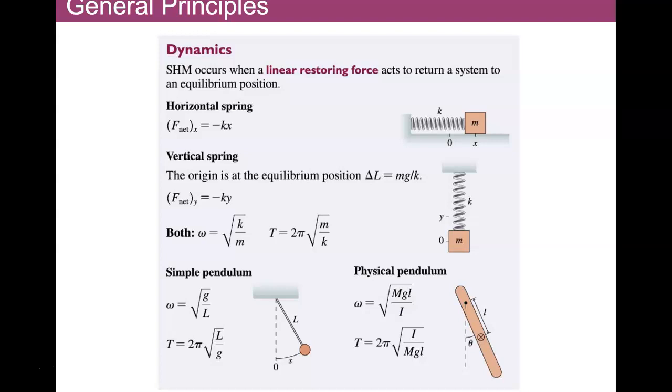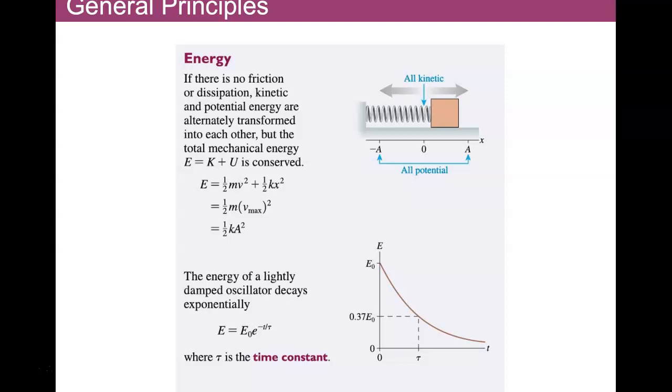We had the second derivative of some quantity, either an angle or a distance, being equal to a negative number times the quantity itself. And these systems give rise to sinusoidal oscillatory dynamics. The energy is conserved. We have kinetic plus potential energy in these systems.